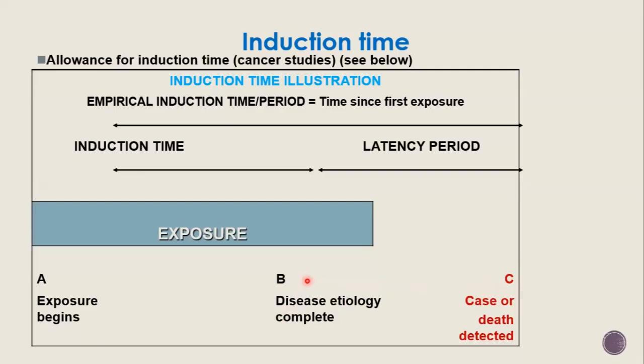The C would move closer to B. So in effect, the induction time would be the same. It would take the same amount of time for the disease to develop, but you can detect it earlier. The latency period would be shorter. And because the latency period would be shorter, the empirical induction period will also be shorter. We all see that now?